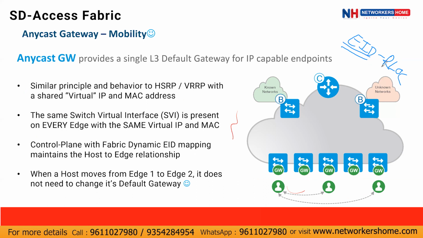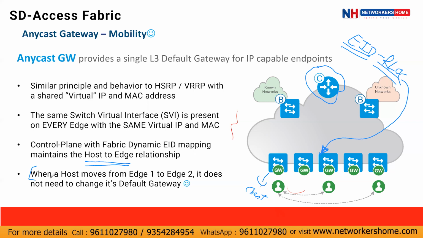EID is the endpoint ID. RLOC is the routing locator, which is the IP address of this edge node. So we have to remember that this control plane maintains the host to edge relationship and the edge to client relationship. So it has everything in its table, the mapping.